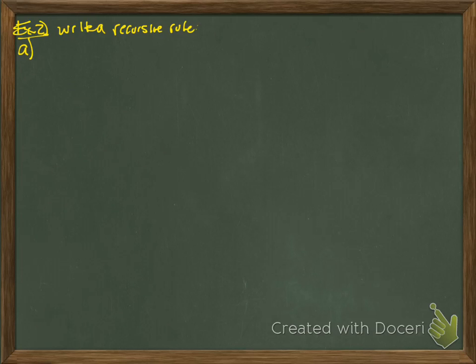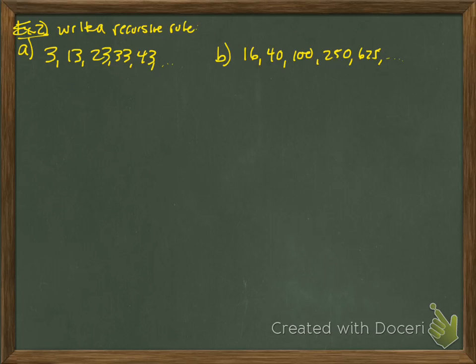So for A, let's say I had 3, 13, 23, 33, 43, etc., and let B be 16, 40, 100, 250, 625, etc.